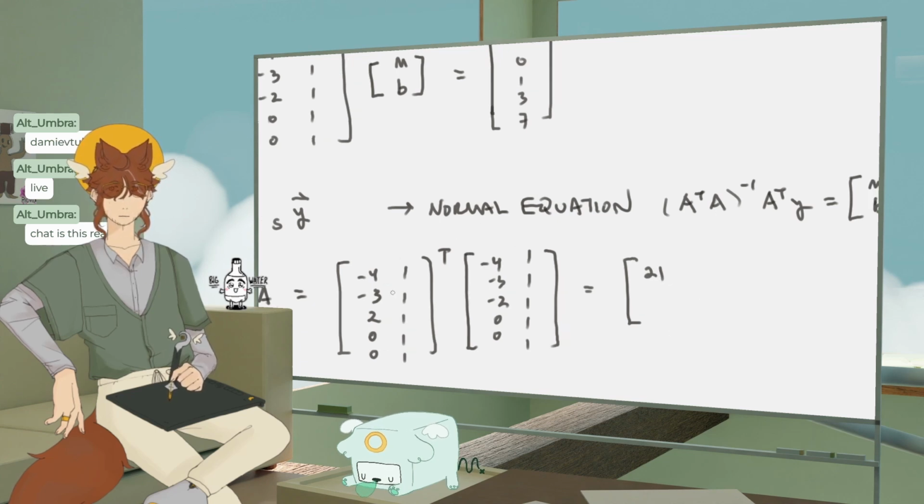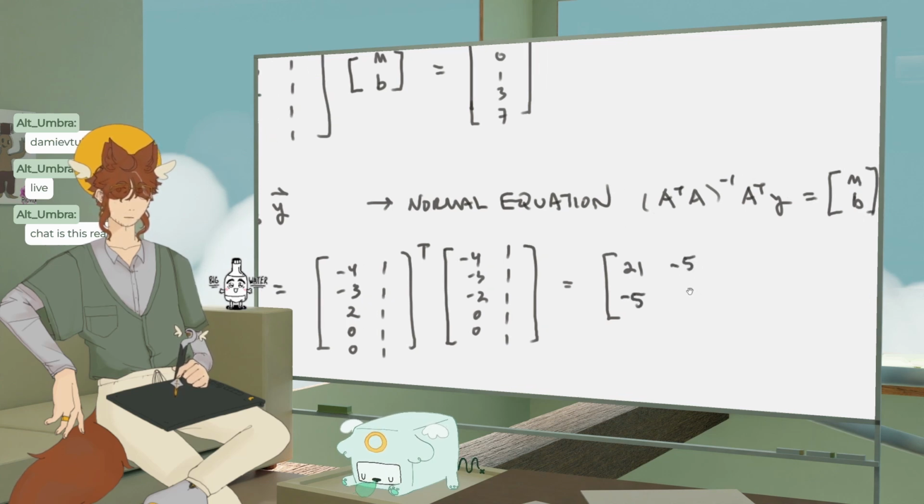Minus 4, minus 3, plus 2. Minus 4, minus 3 is minus 7, plus 2 is minus 5. This one's also going to be minus 5, and then we just have 5.